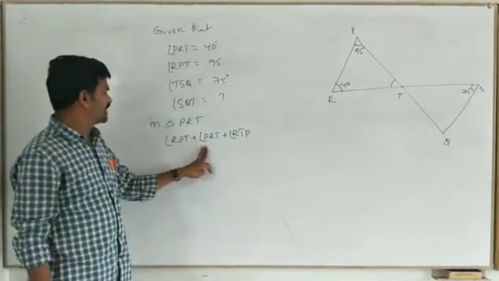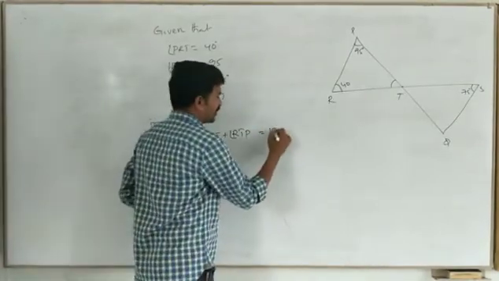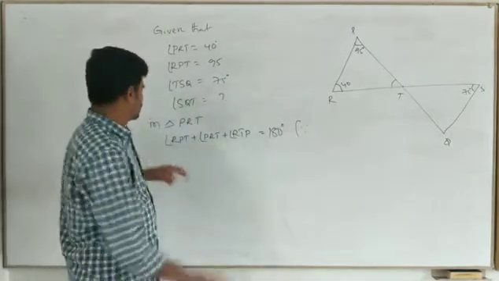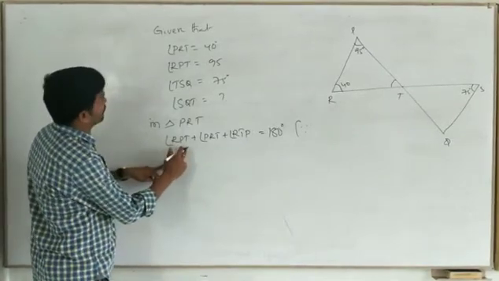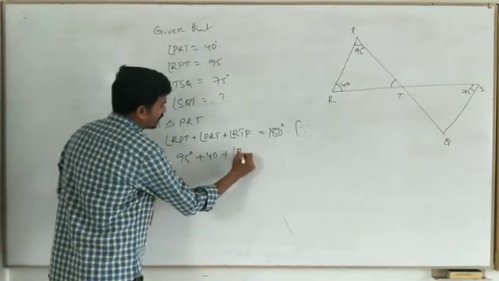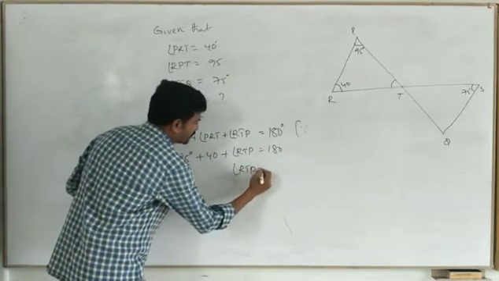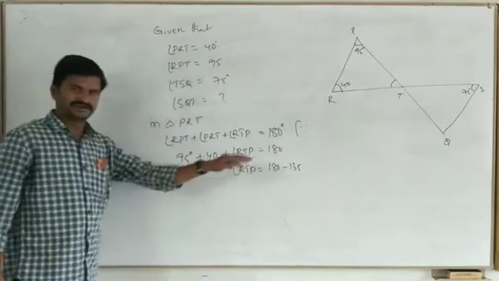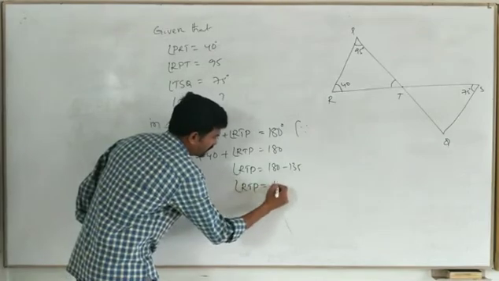Angle RPT plus PRT plus RTP equals 180 degrees, by the angle sum property. RPT is 95, plus 40, plus angle RTP equals 180. Angle RTP equals 180 minus 135, which is 45.